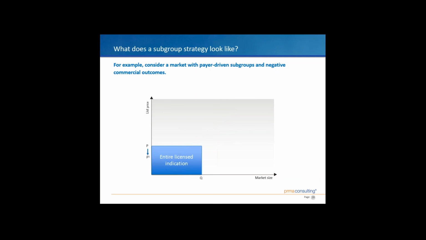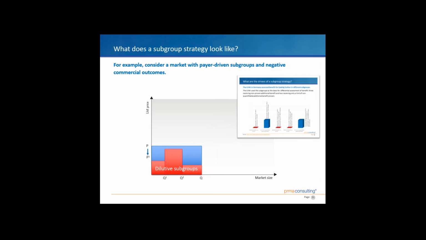The second example will be on the other axis. So what we'll find is not necessarily restriction of the patient population, but heavy price negotiation. And this may be some subgroups, it might be all subgroups, but the effect is the same, effectively lower price. And again, Zedelig is a decent example of when this might occur.